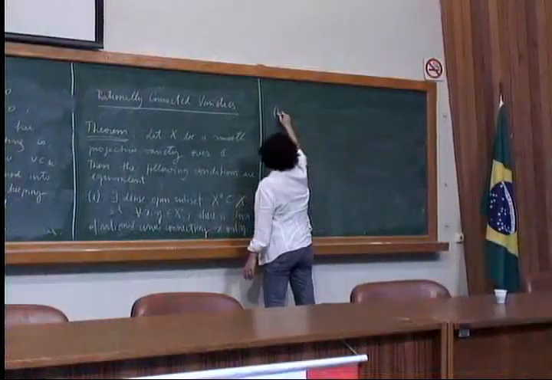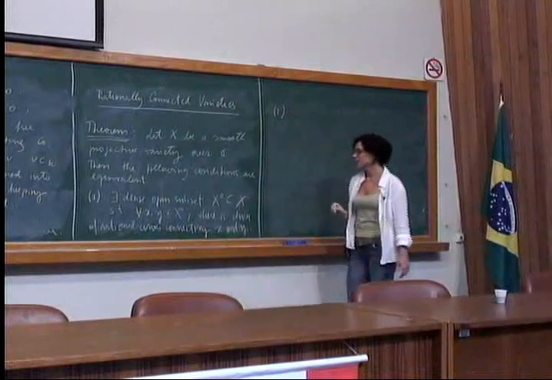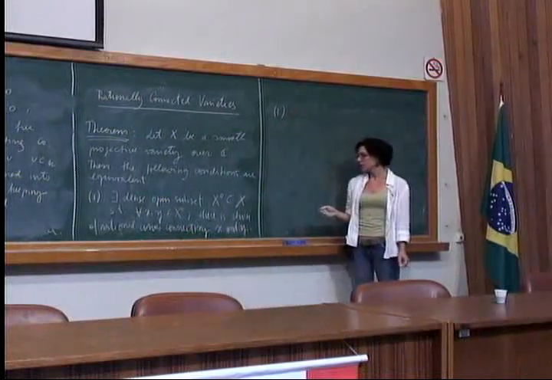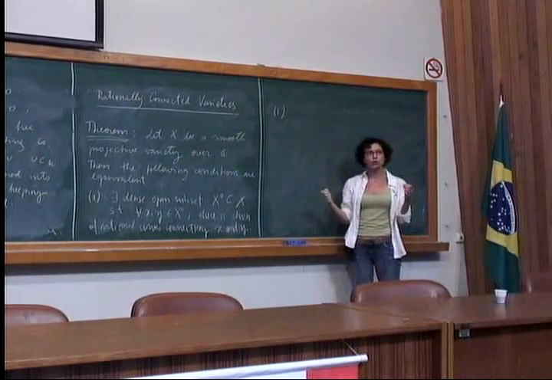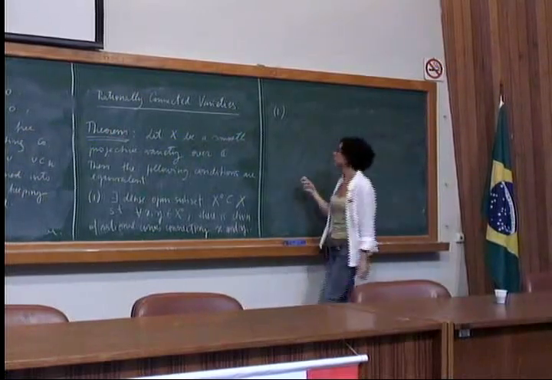Now the second condition is the following. Given any 2 points, not in an open subset, but any 2 points, I can connect them by a rational curve.